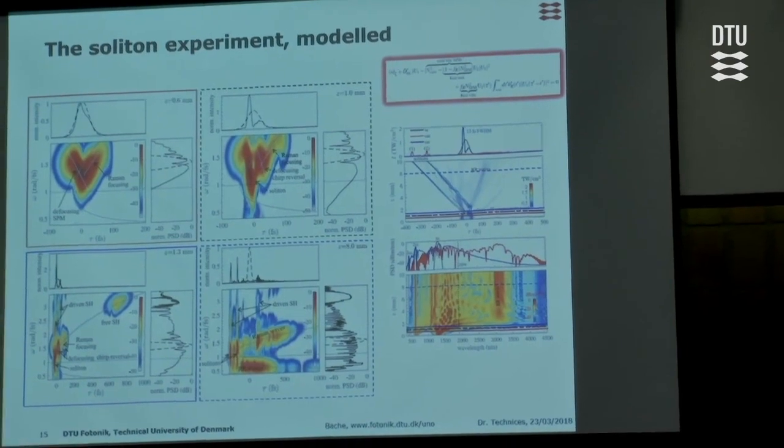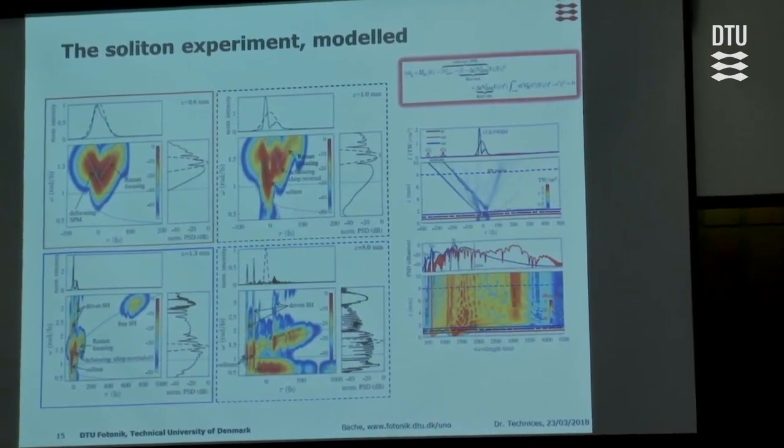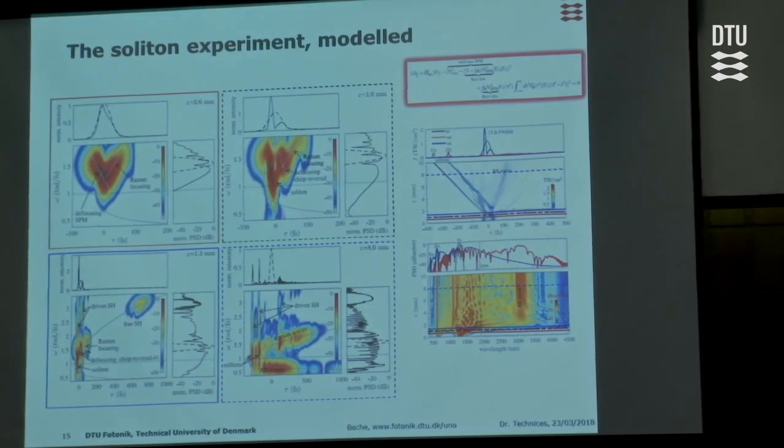So it's a lot of work to do this and to really understand what goes on. But here the basic understanding of nonlinear physics, nonlinear optics that comes in through decades of science helps when you have to do this.